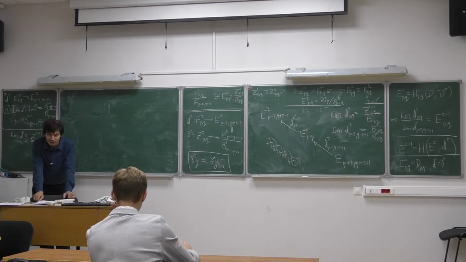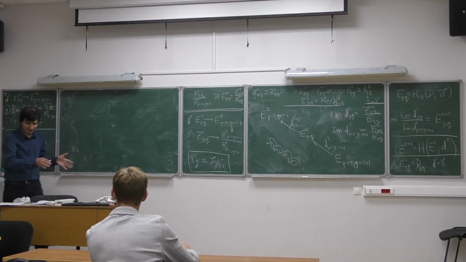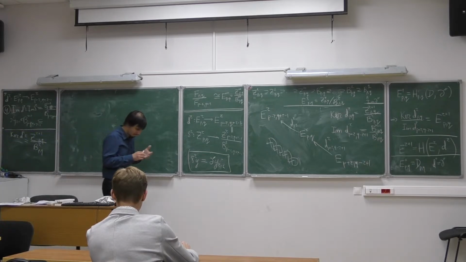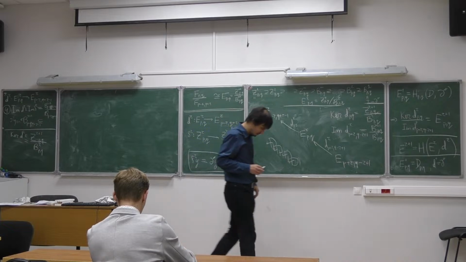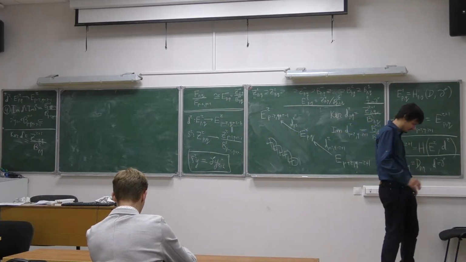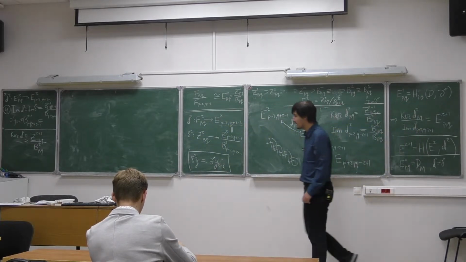But it is more often that we have them in co-chain complexes. Though there exist situations when we have them in chain complexes, still it is more usual to have multiplicative structures in co-chain complexes.